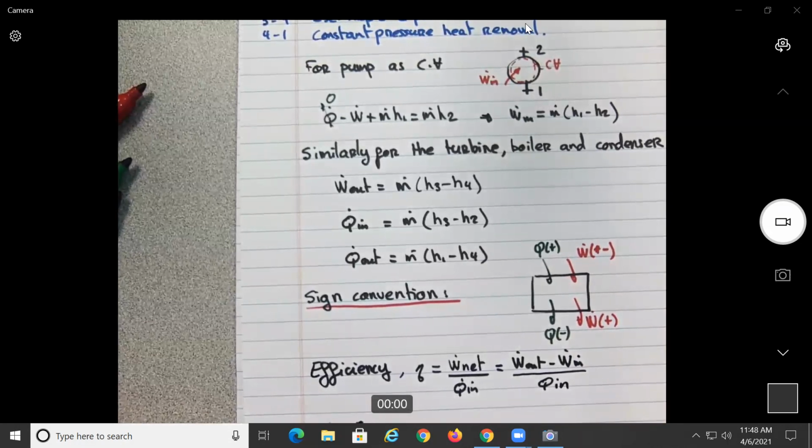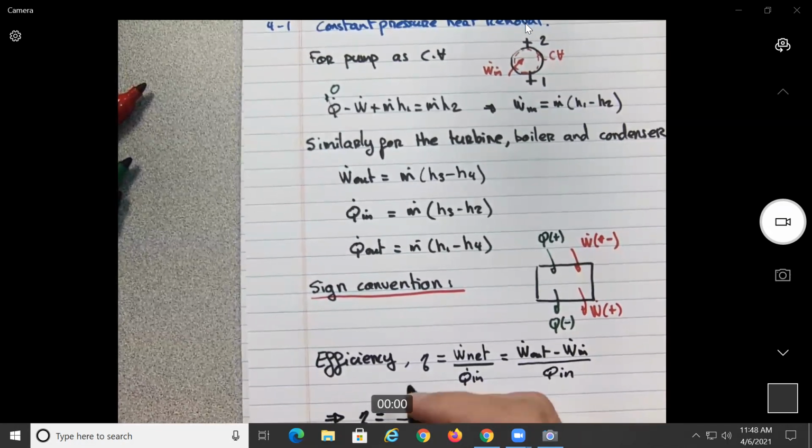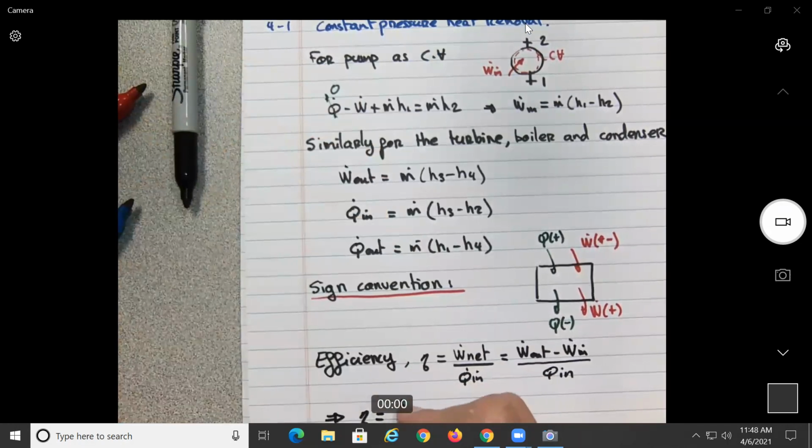So over here, if you want to be safe, we just use the absolute values. So what will you have? The power out would be absolute value of m times, what do we have for out?